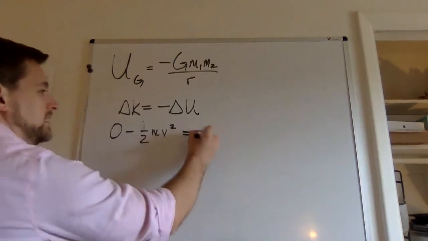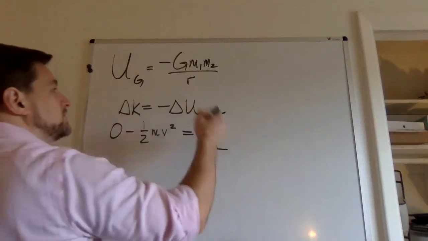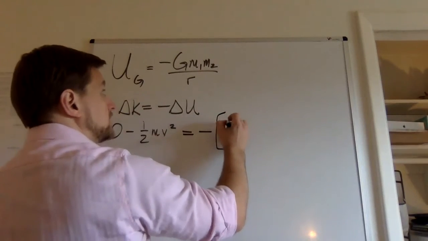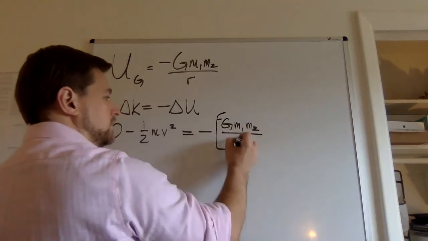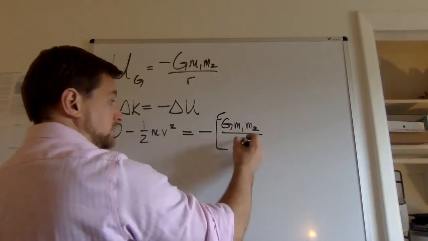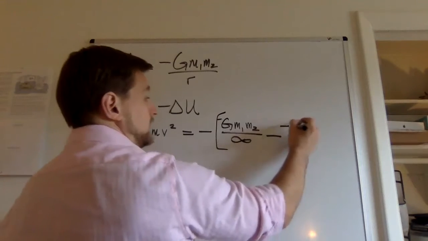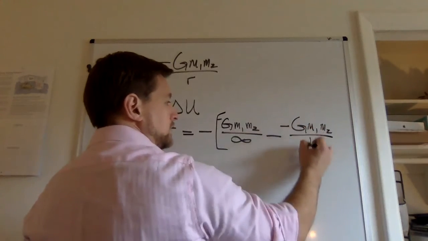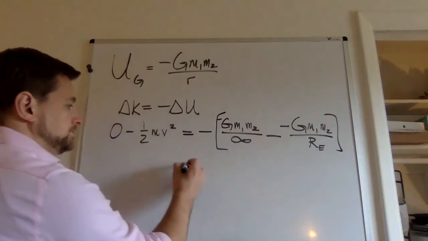Negative delta U. Okay, so U2 at infinity, negative G m1 m2 over infinity, infinitely far away, minus negative G m1 m2 over r, where we started on the surface of the Earth.